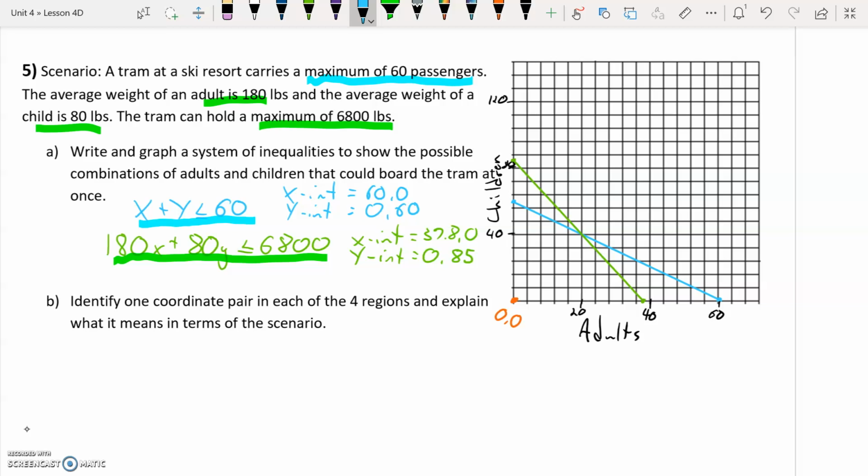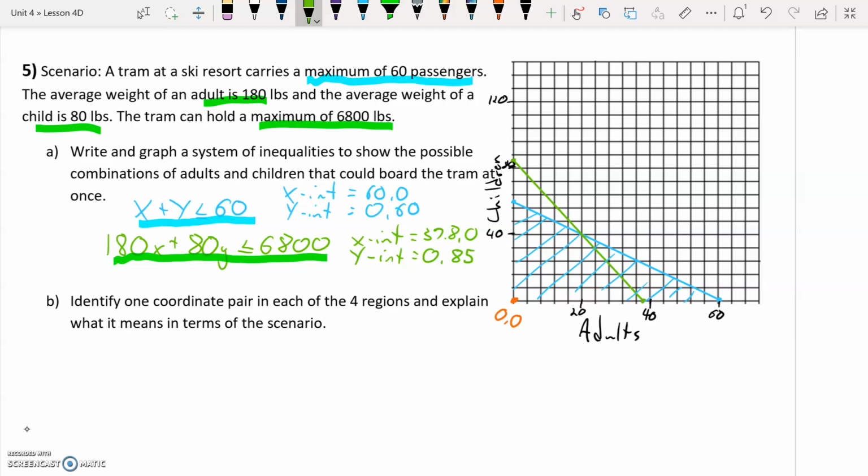If you put 0, 0 into the first inequality, x is 0 and y is 0, you get 0 is less than or equal to 60, which is true, which means 0, 0, and all of the other points underneath that line make that inequality true. For the other inequality, we could do that same test, so put 0, 0 in for the weight inequality. 180 times 0 and 80 times 0, both of those are 0.